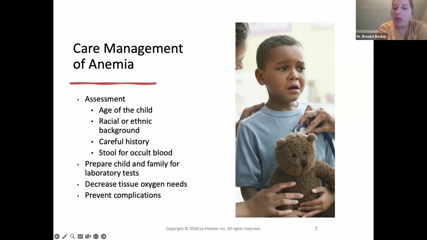Okay, so working through the fear of that and implementing a numbing cream applied beforehand and Child Life for distraction, things like that. You're going to want to work with them on decreasing oxygen needs. So these kids aren't going to be super active kiddos when they're having their anemia flare ups. Okay. And then, of course, treating them so you prevent long term complications like heart failure. Okay.